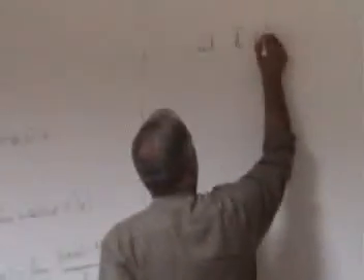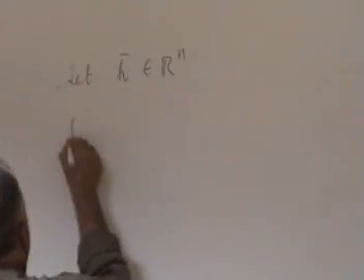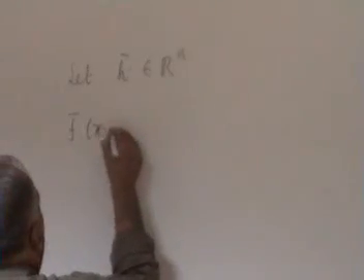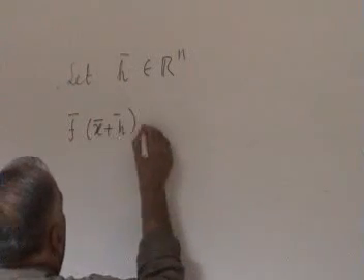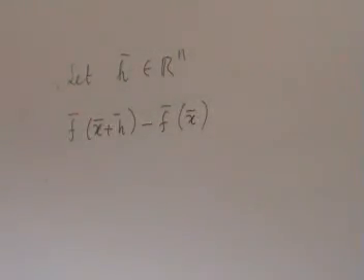So let h be also a vector in Rn. Suppose I have this x bar in Rn, h bar in Rn, then look at f(x bar plus h bar) minus f(x bar), right? That is the increment that I am having.